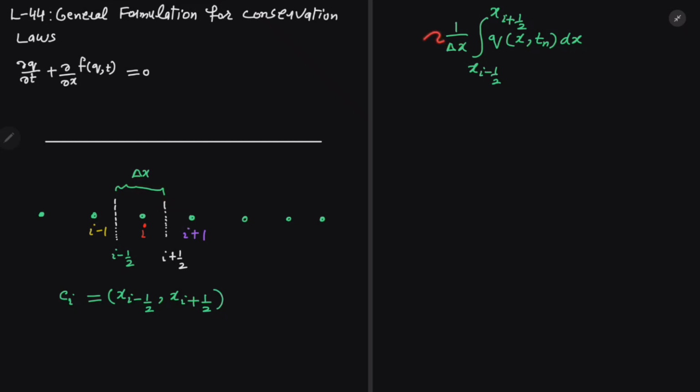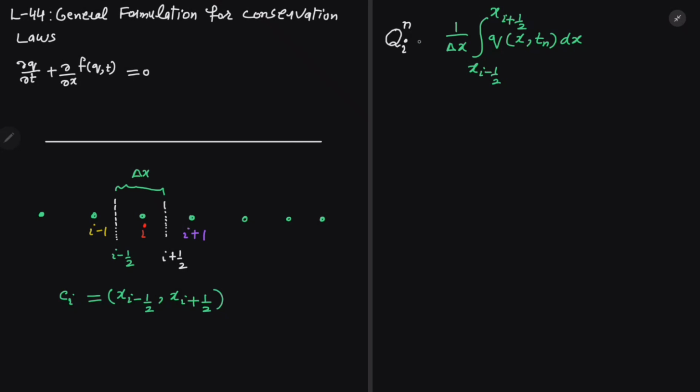That value will be equal to, since on the right hand side we took the solution at nth level, the approximate value of this q, small q, at level n. And as I already discussed, this cell is called i, so the value is at cell i. So that's how we define the approximate value of q.